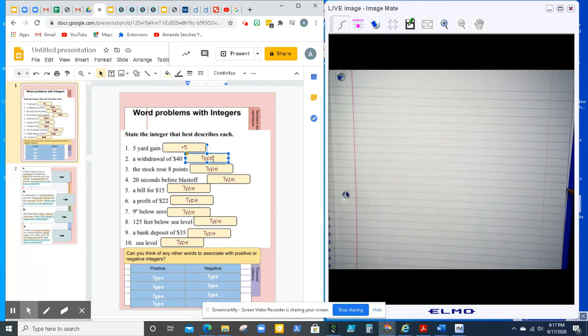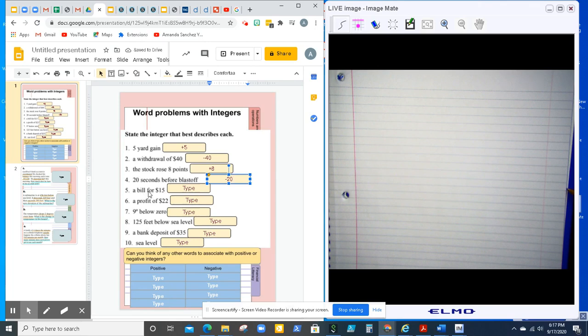So that would be minus 40 or negative 40. Stock rose 8 points, positive 8. 20 seconds before blastoff. Minus 20.